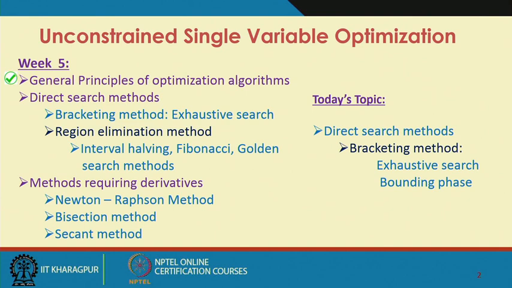We will also take examples so that you understand the idea behind these methods better. So, this is the agenda for week 5. In the previous lecture, we talked about general principles of optimization algorithms.